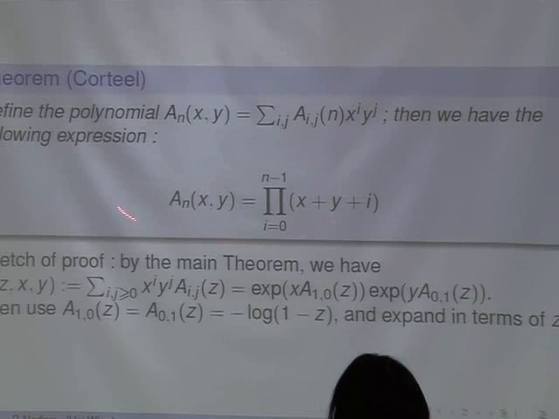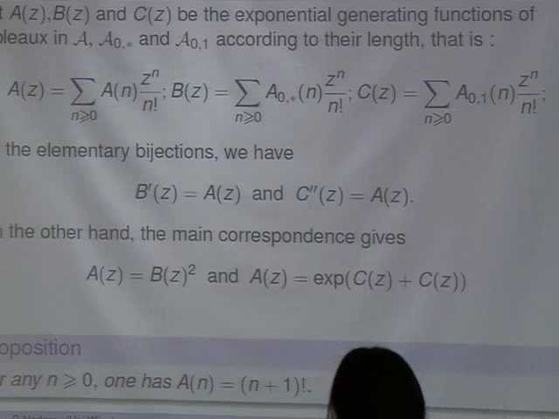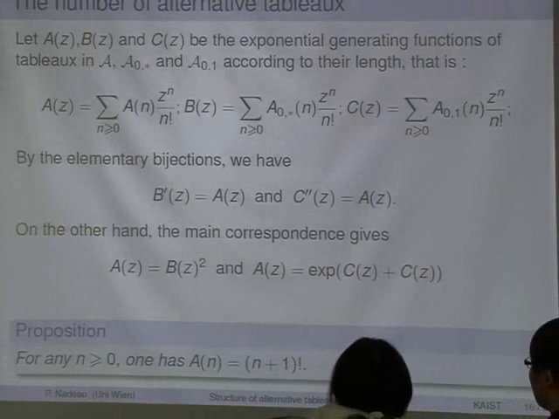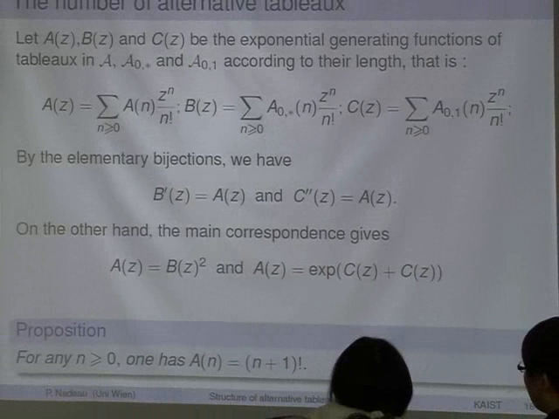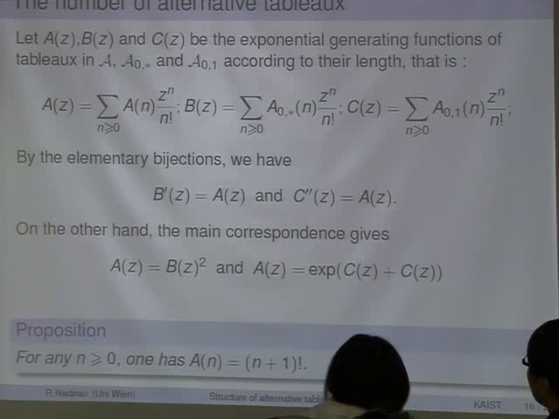The proof is actually very easy. It's the same idea. Here I showed that A is equal to exponential of C plus C, the two corresponding to tableaux in A10 and A01. But we showed that the number of these tableaux corresponds exactly to the number of free rows in the original tableau, and the other ones to the number of free columns.